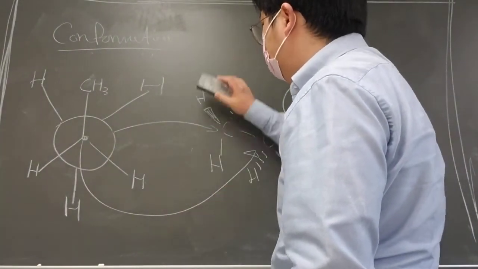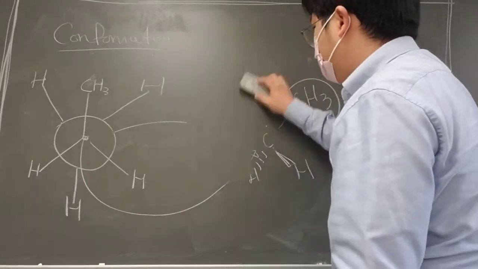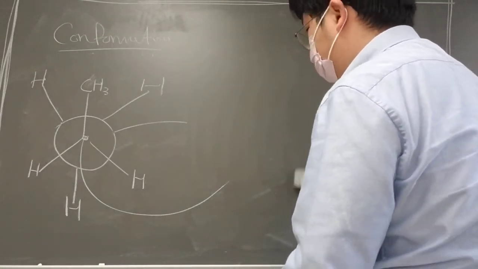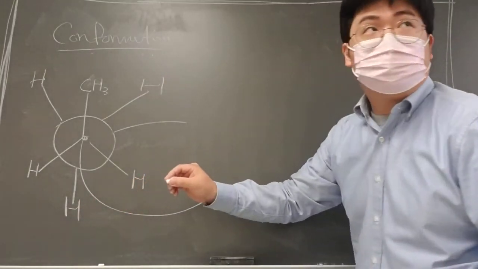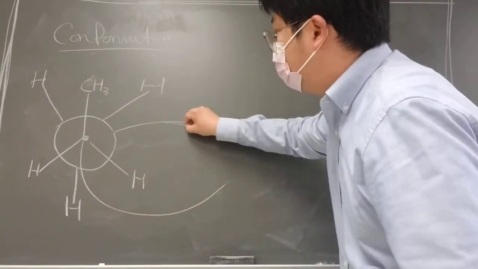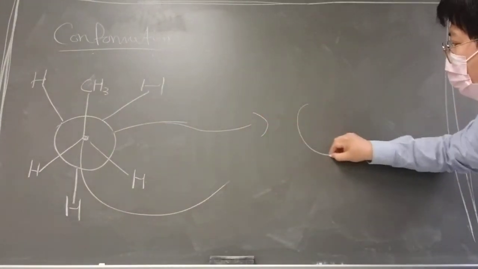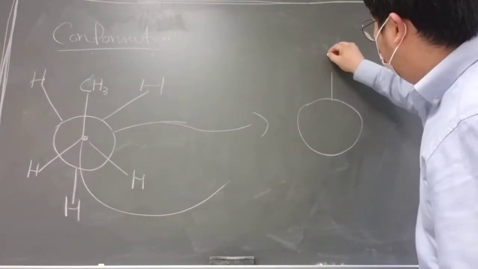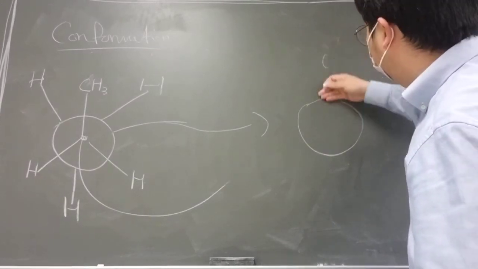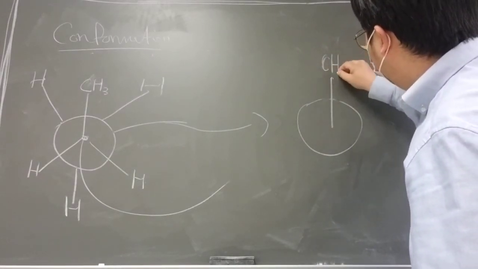And you can also draw the eclipsed conformation, right? So when you rotate it, you can do this one.